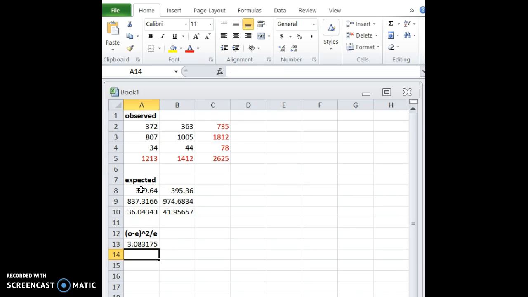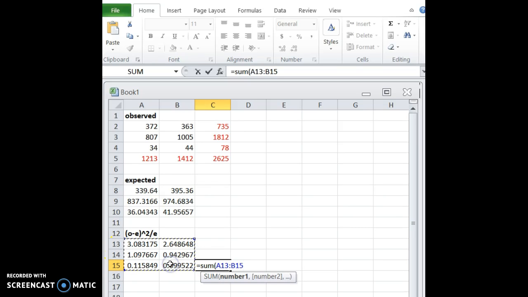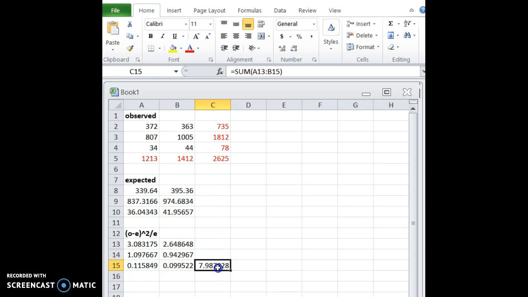Because I've got these set up, I can just click and drag. So I've got all these values right here, and I sum them up, equals the sum of all these numbers, close my parenthesis. This is the one I'm looking for, so I'm going to make it red and bold because this is my chi-square statistic right here.